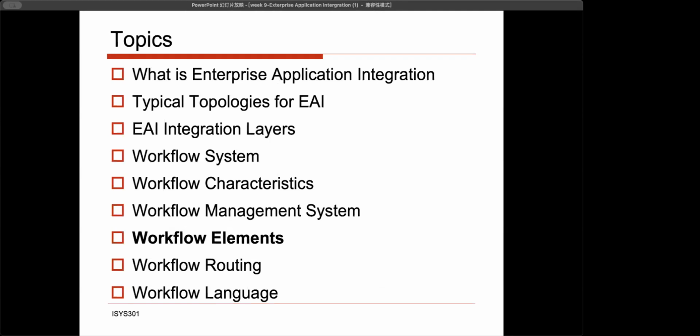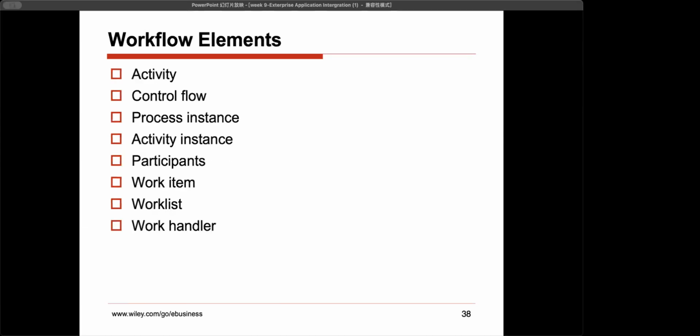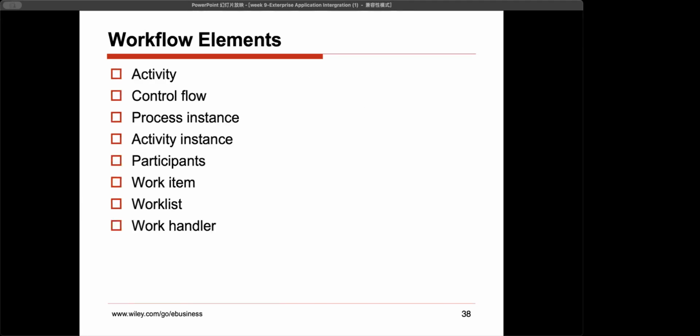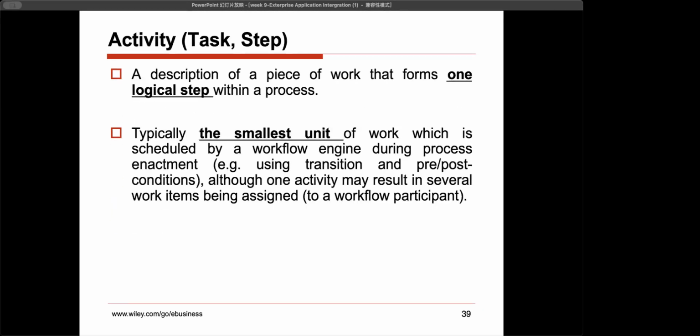So what is enterprise application integration? Actually, it combines many things here. The next one is the workflow elements. What kind of activity, control flow, process instance, activity instance, participants, work item, work list, work handle. From the very beginning, we have the activity, a description of a piece of work that forms one logical step within a process.